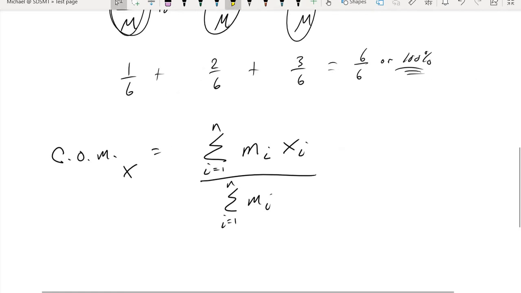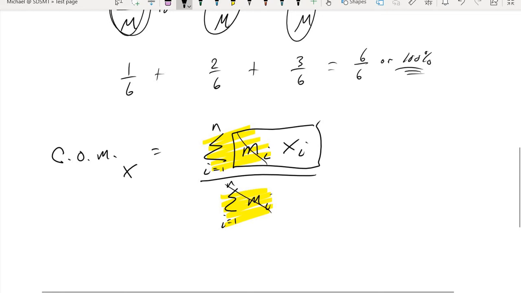Now, you might be tempted to take that summation of masses in the denominator and that summation of masses in the numerator and divide them out, but that's bad algebra. This is the summation of the product. It is not the product of the summations, and there is a distinction between the two.